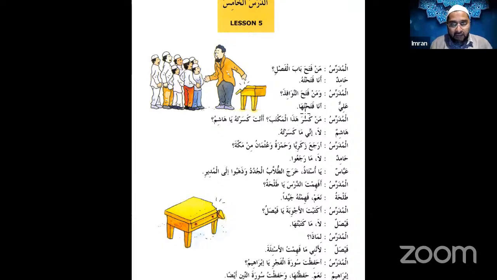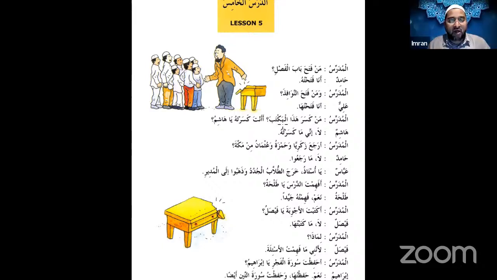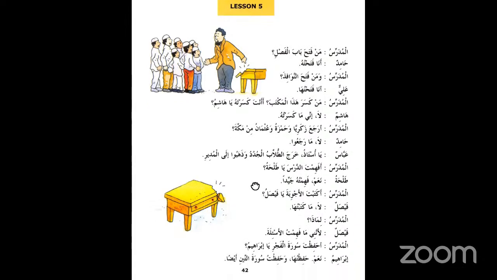So hadha al-maktab together is a phrase and it's the maf'ul bihi, not only hadha. Hadha al-maktaba means this desk. There will be no "is" between this and the desk. We will not translate it as "this is the desk", but "this desk". Is that clear, everyone?